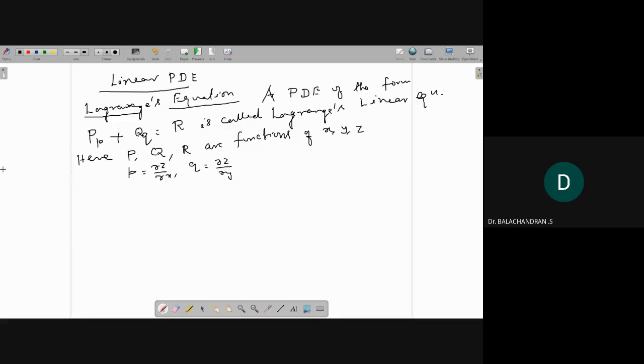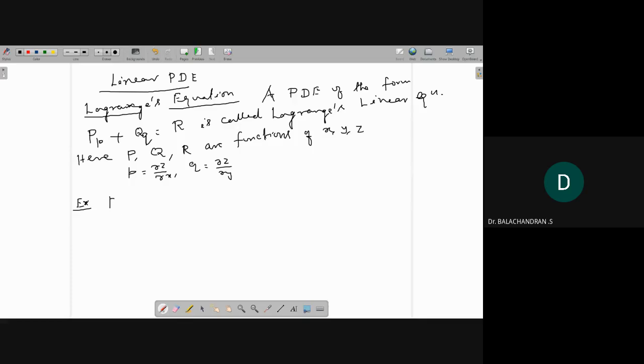So actually, we have seen Lagrange's equation when we eliminate the arbitrary function. For example, I think we solved this problem. If you have the class notes, you can check it. Okay, so this is the example we solved already.